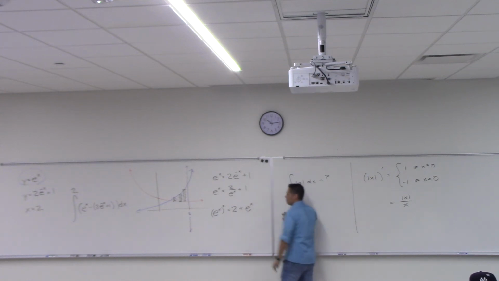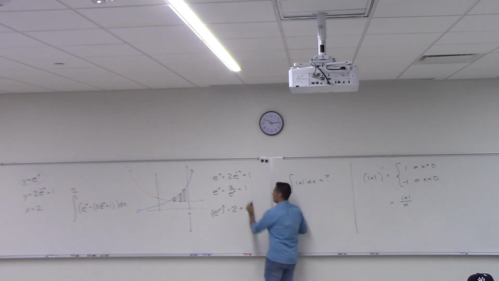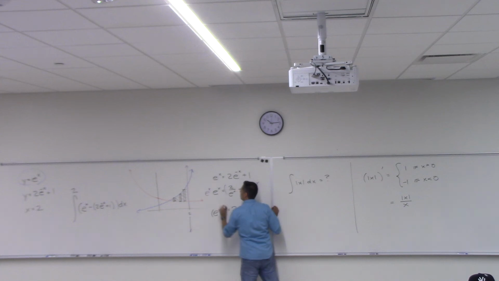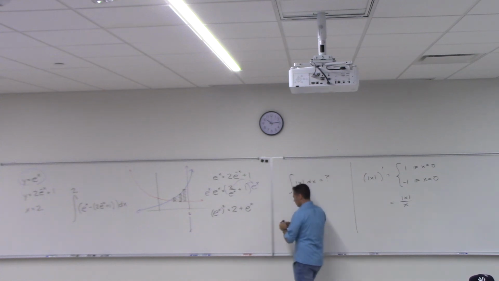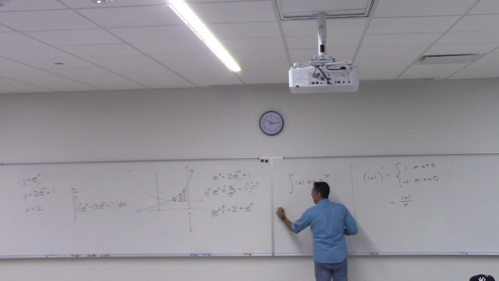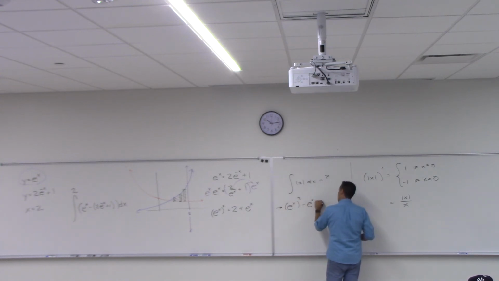I distribute here, here. They cancel. That is e to the x squared minus e to the x minus 2 equals 0.